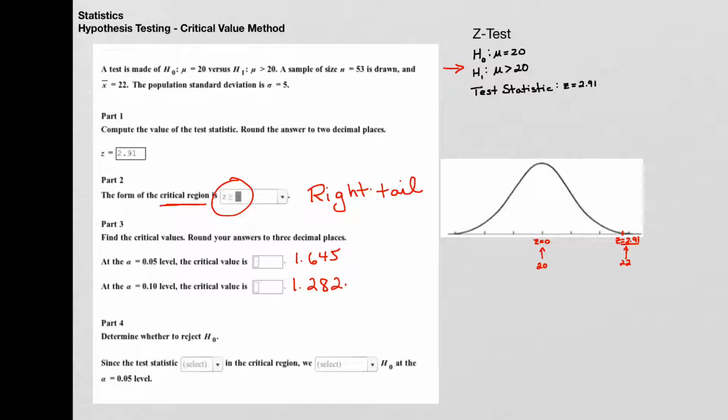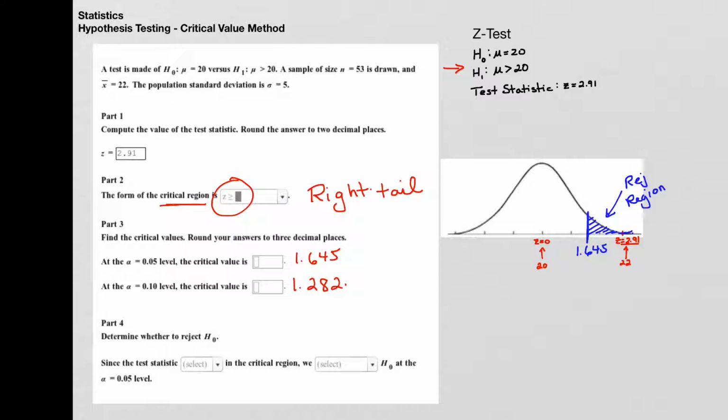So if my critical value were 1.645, well, that would fall right about here. And that means that anything that falls within this area above 1.645 is going to be in the rejection region. So this is defining the rejection region, and our test statistic, 2.91, is in that rejection region.